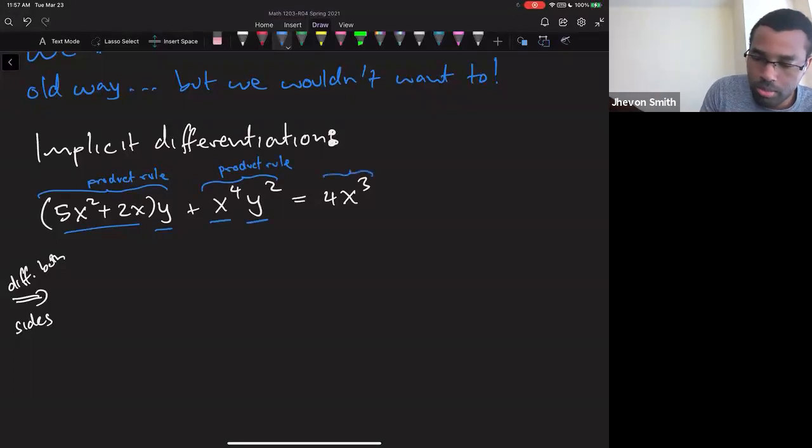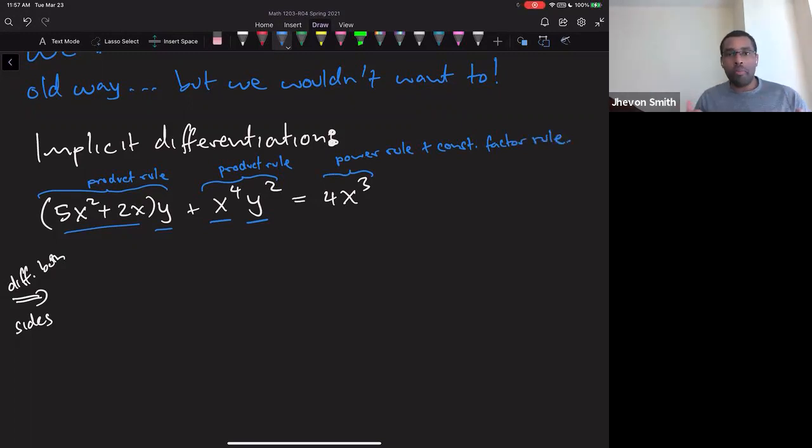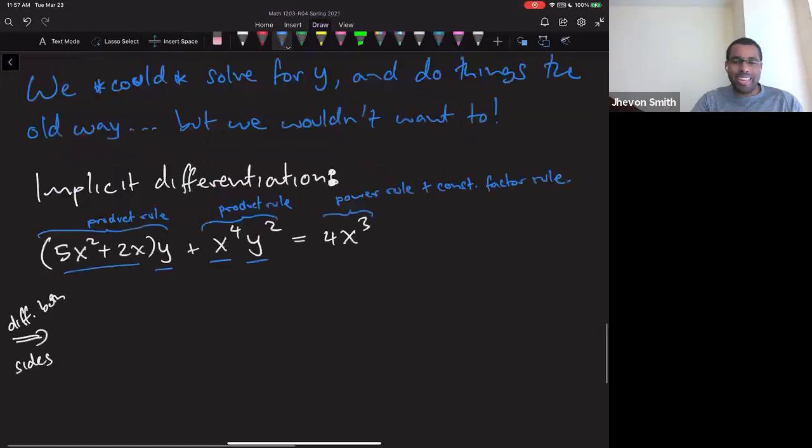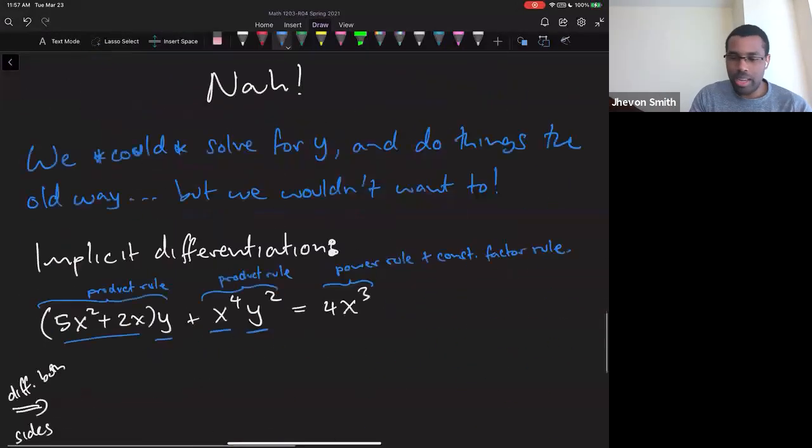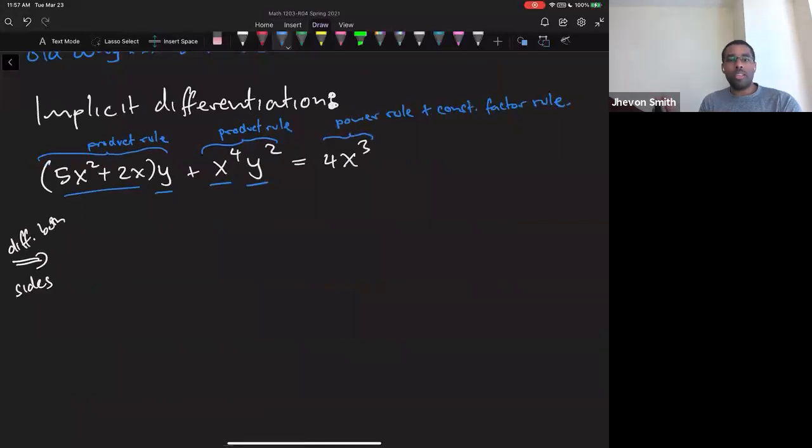Here, just power rule, right? Power rule plus constant factor rule. So I can immediately jump into the calculus. I don't have to worry about how I'm going to solve this for y, and then after a lot of work, end up with something like that to deal with. Like, no, right? So at this point, I'm just going to do the product rule.